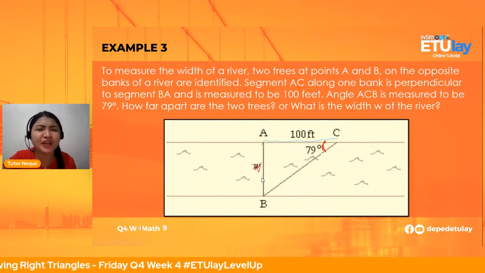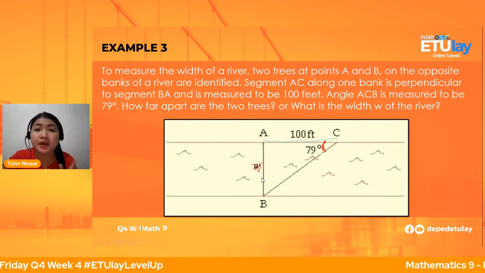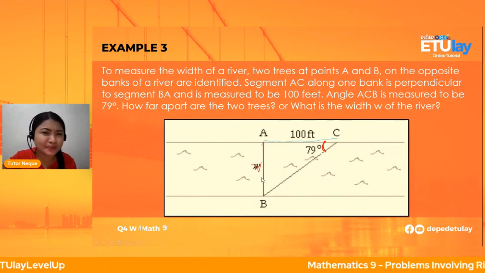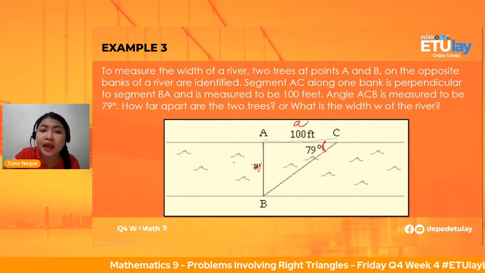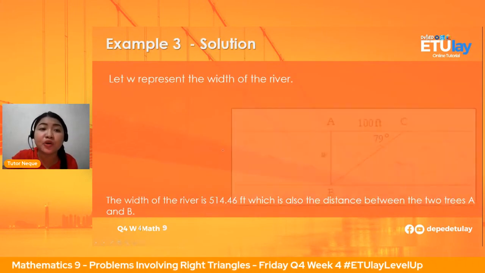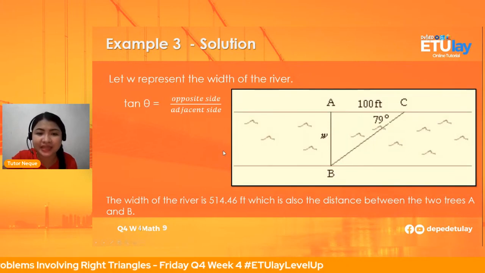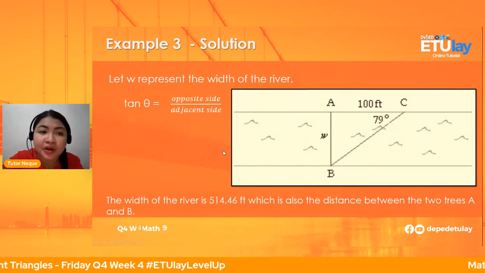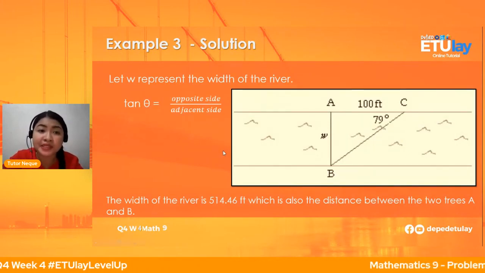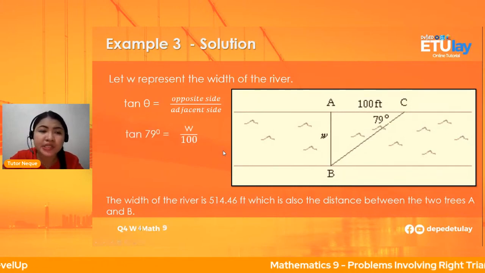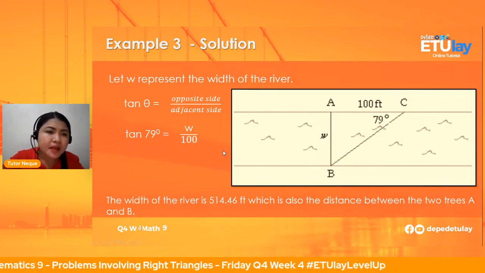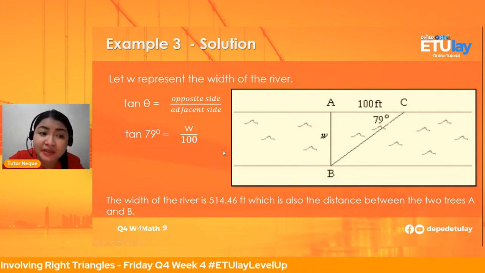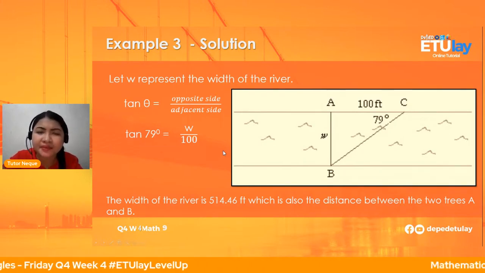Ano kayang function ang involved dito? Tignan nga natin kung masasagot ninyo. So, we have here adjacent side and opposite side. So, we can use tangent theta. Actually, nandyan na ang ating sagot. Tangent theta is equal to opposite side over adjacent side. Using the values or replacing the values for the angle and the sides given, now we have tangent of 79 degrees is equal to W over 100.